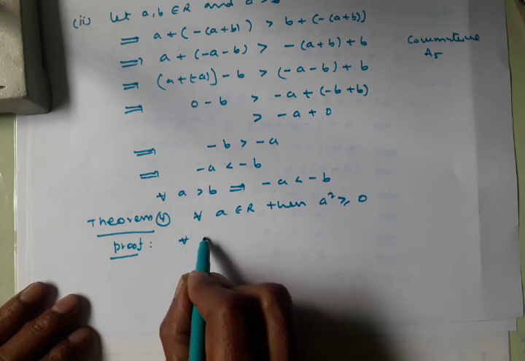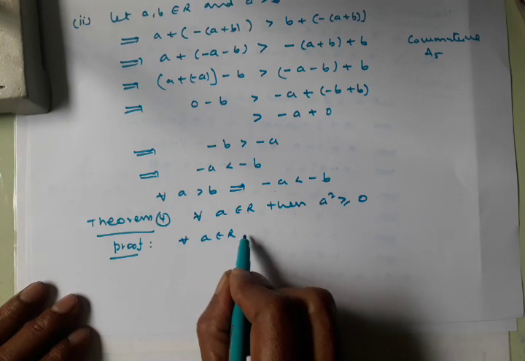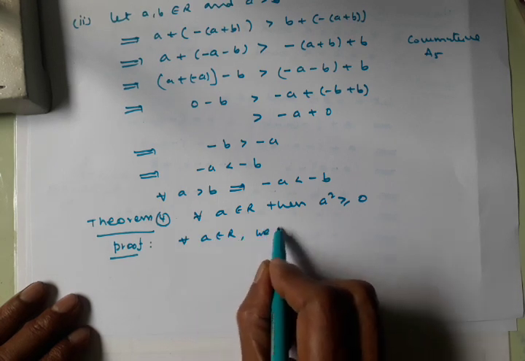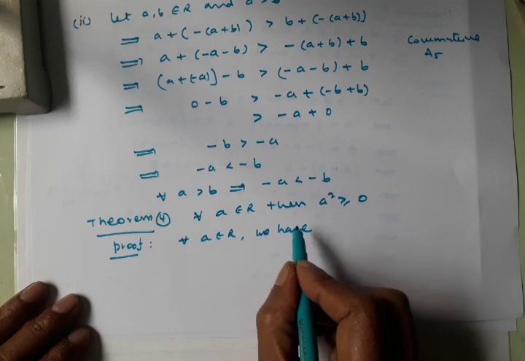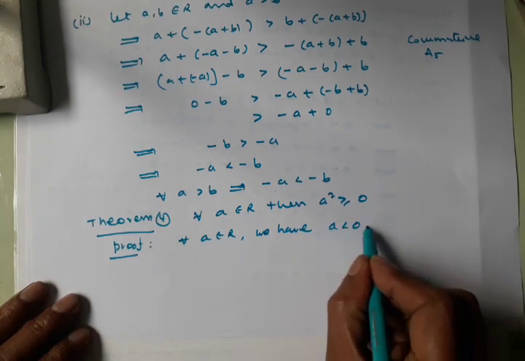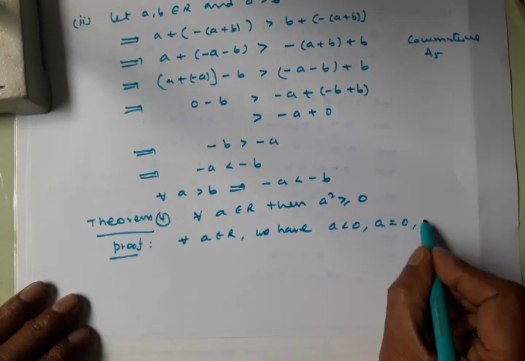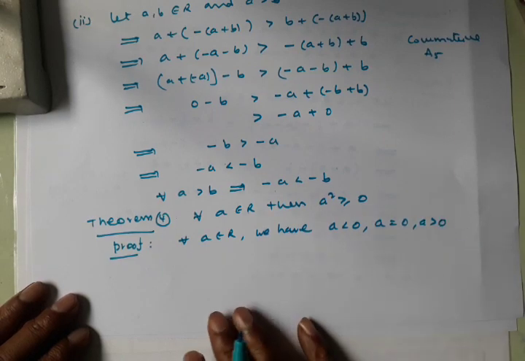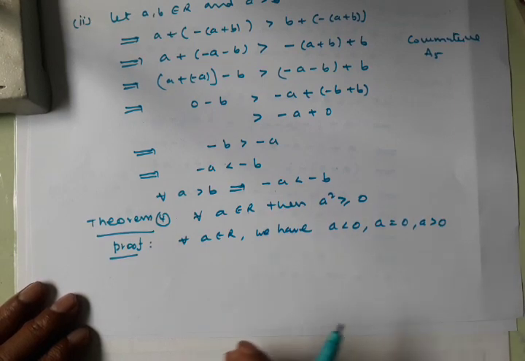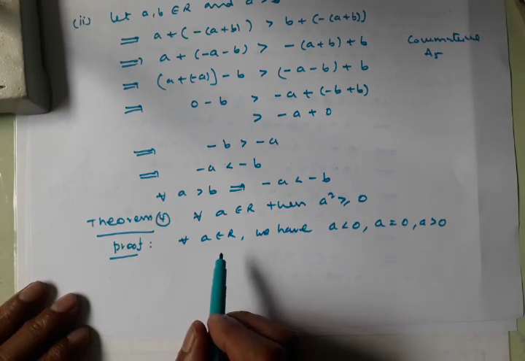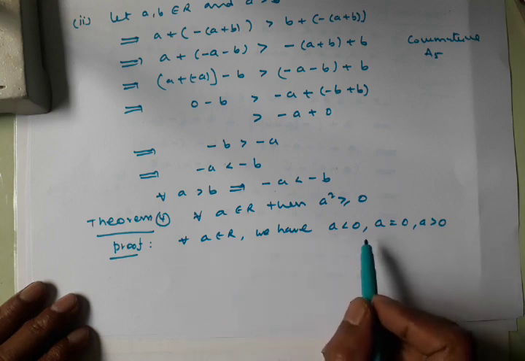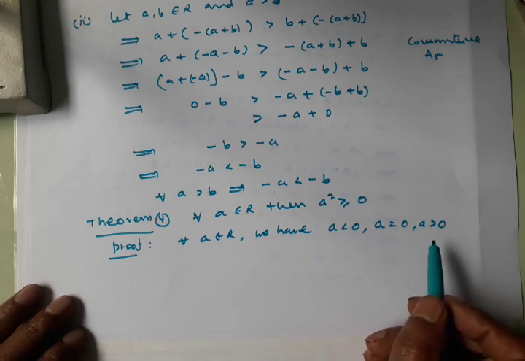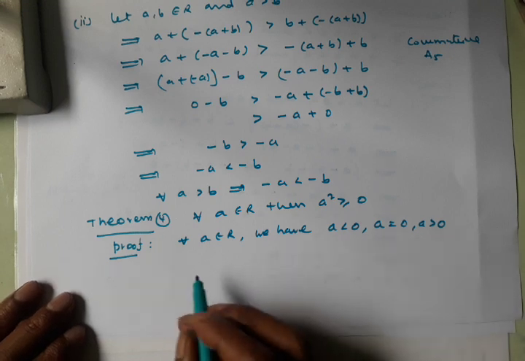For all a belongs to R, we have a is less than 0, a is equal to 0, a greater than 0. That we know. Previously also we discussed whenever one element is a real number, it may be less than 0, or equal to 0, or greater than 0.